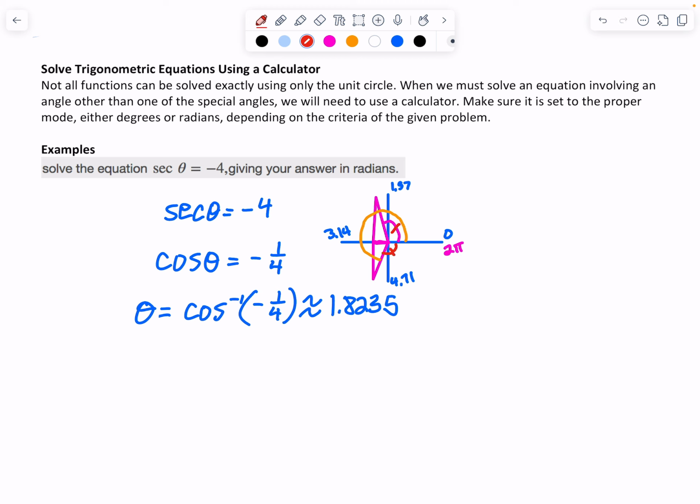So if I want to find the orange angle, the angle wanted is going to be all the way around, my 2 pi, minus the red, so minus the 1.8235. You can see that the yellow and the red on my circle make a full revolution. 2 pi is a full revolution.